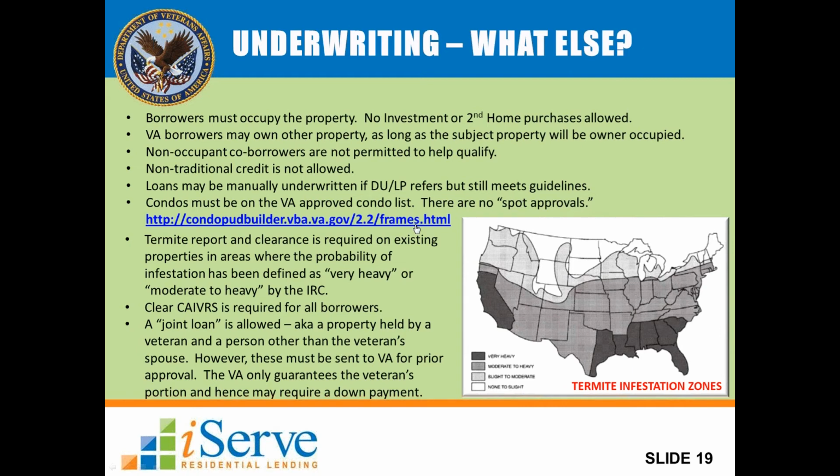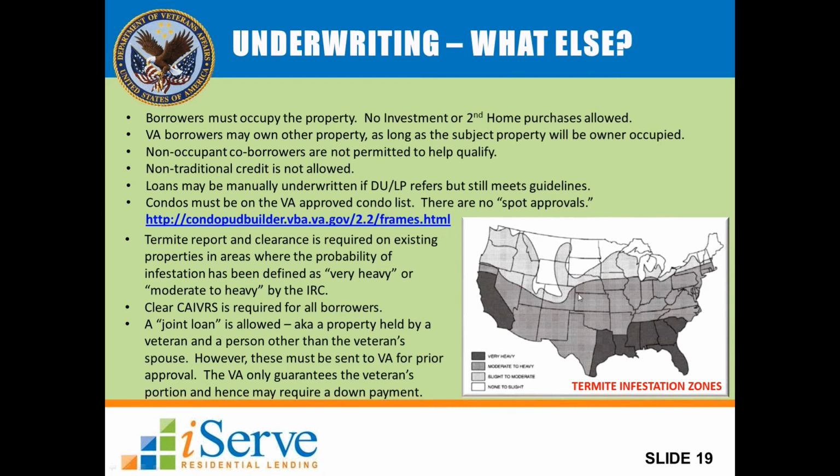Termite report and clearance is required on existing properties in areas where the IRC, the International Residential Code, I think I have my acronym correct there, has been deemed a moderate to heavy or very heavy infestation zone. You can see the map on the right here.